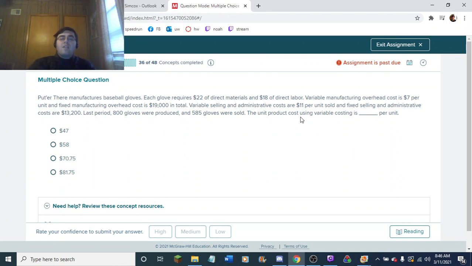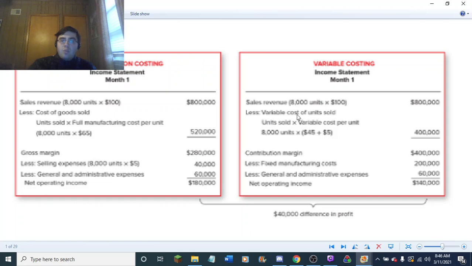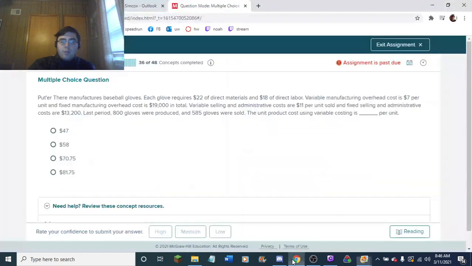But we don't calculate the unit product cost. We calculate the variable cost of goods of units sold. So I guess I'll just do that. But they already told us that.